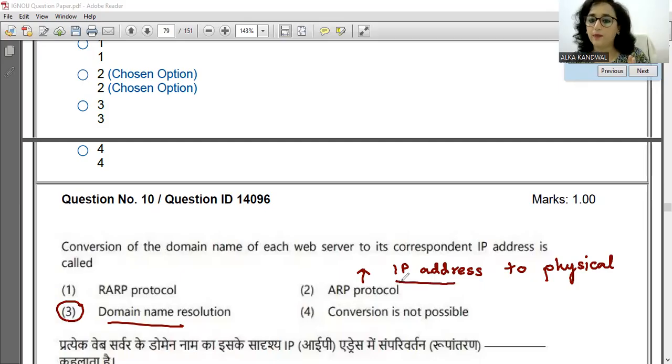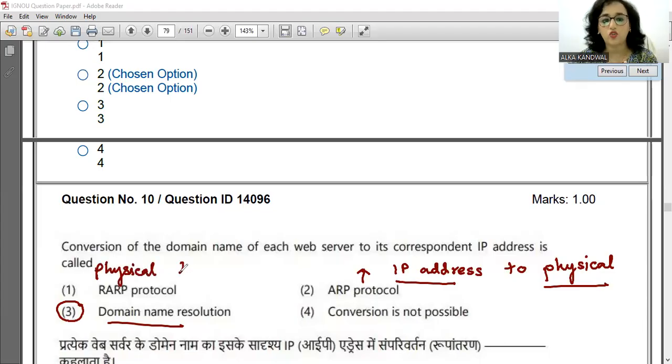It maps the IP address to physical address and this is the reverse. So it maps the physical address to IP address. So that is the difference. So अगर question आ गया that which protocol is used to convert the IP address to physical address, then we will go for ARP, and if it is the reverse thing, we will go for RARP.